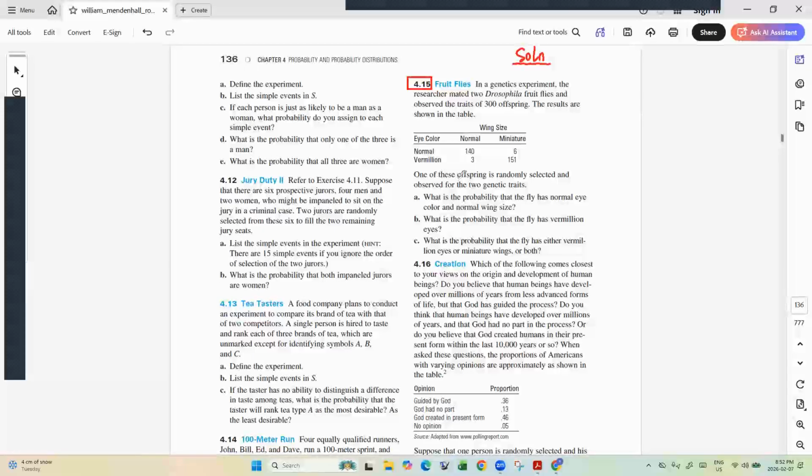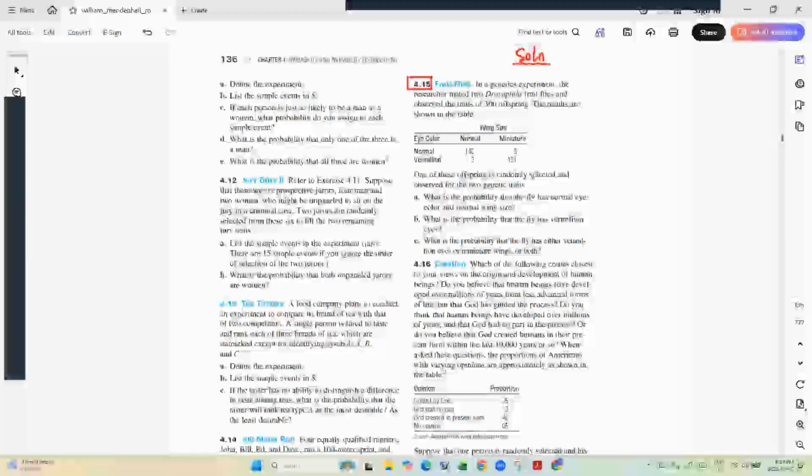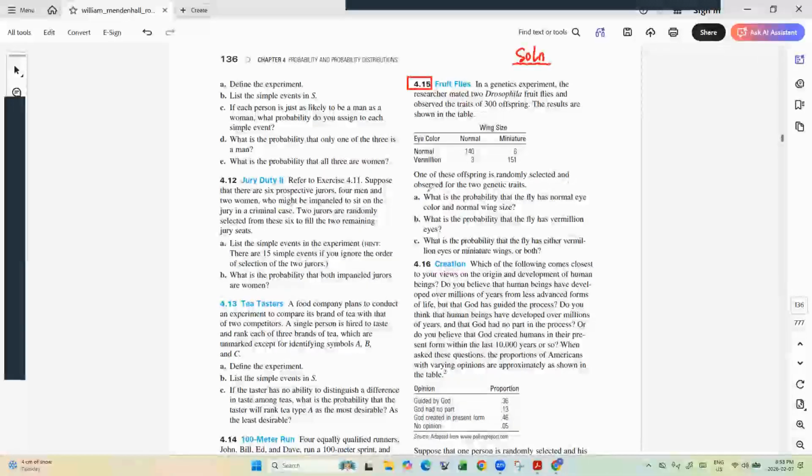One of these offspring is randomly selected and observed for the two genetic traits. What is the probability that the fly has normal eye color and normal wing size? We get this result.